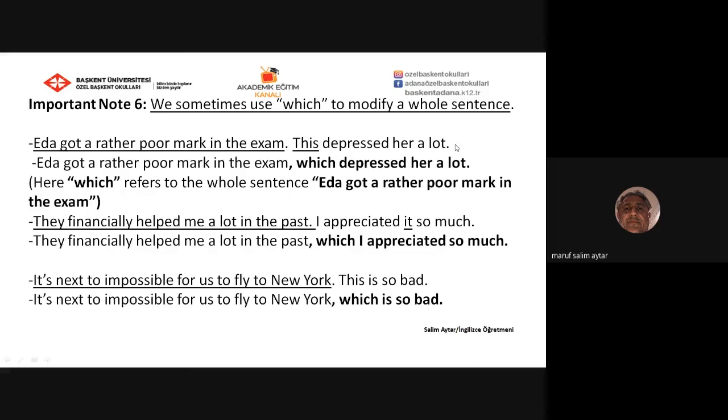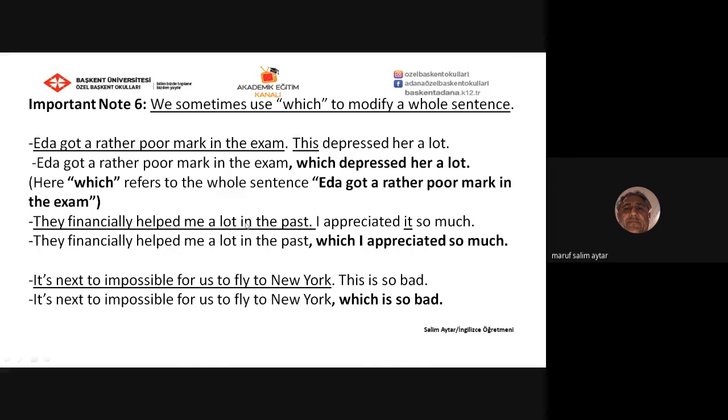This depressed her a lot. Instead of this, this time we use which. And this which refers to the statement given here. Eda got a rather poor mark in the exam, which depressed her a lot. Here, which refers to the whole sentence, Eda got a rather poor mark in the exam.